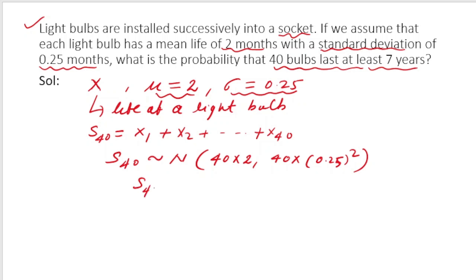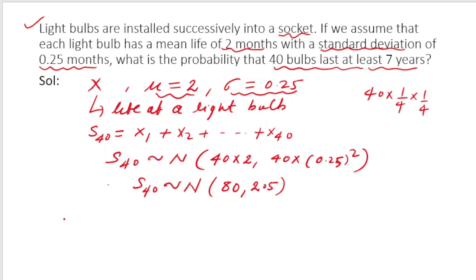So S40 follows the normal distribution with mean 40 times 2, which is 80, and variance 40 times 1/4 times 1/4, so 10 by 4, which is 2.5. That is the variance. Now what do we have to calculate?